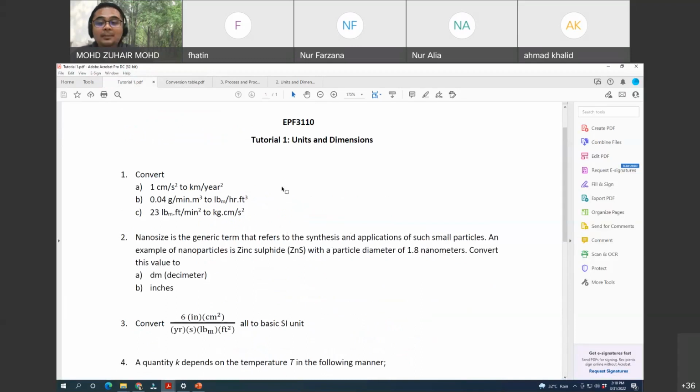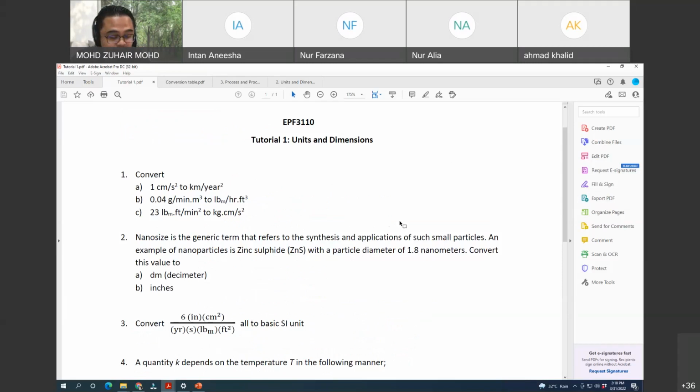So, may I know for question 1A, what is the answer? Anyone can answer me? What is the final answer? We want to convert from 1 cm per second square to kilometer per year square. Anyone want to give the answer for this?